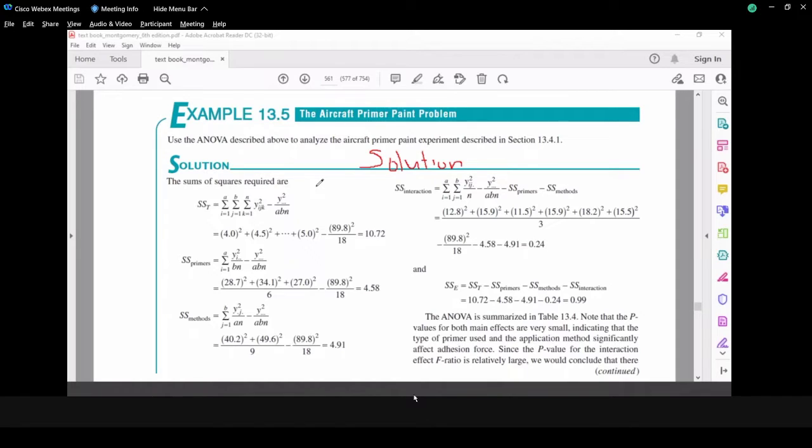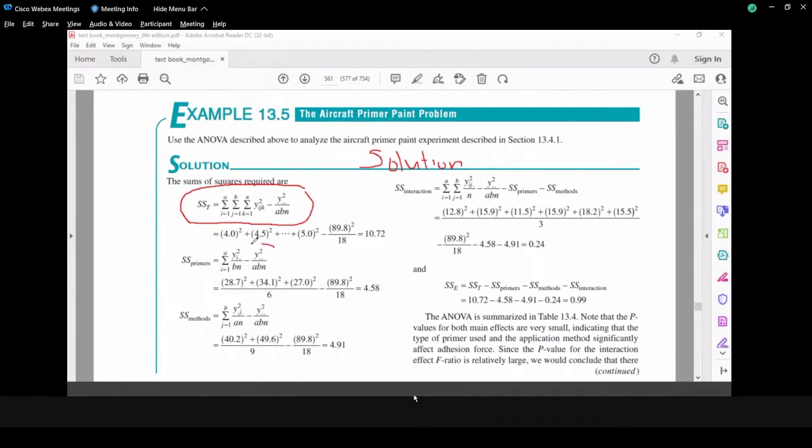The problem is solvable. So in order to construct ANOVA, you need to calculate SST, sum square total. This is a formula that you need to write in your own cheat sheet.